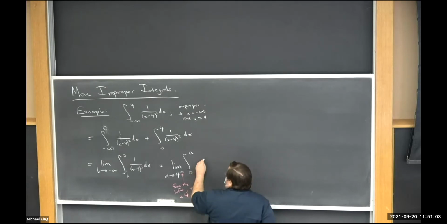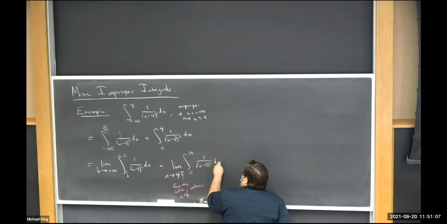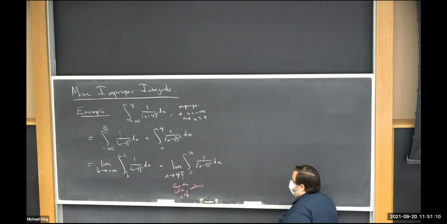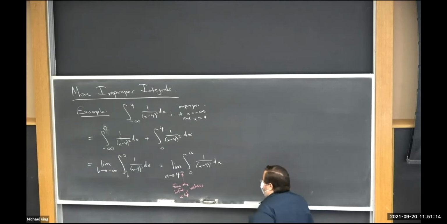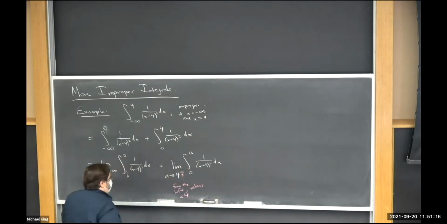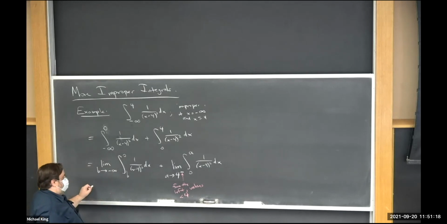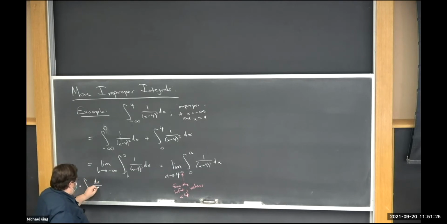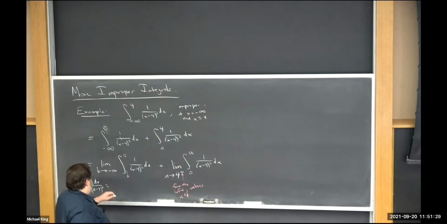Okay, so, and I know it's a little bit tedious to write out all the limits and everything, but this isn't too bad, right? Maybe you want to write the indefinite integral at some point: the integral of dx over x minus 4 squared is, it's the negative 2 power, so it's minus 1 over x minus 4, I think.